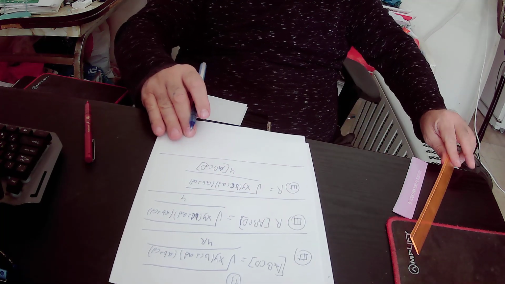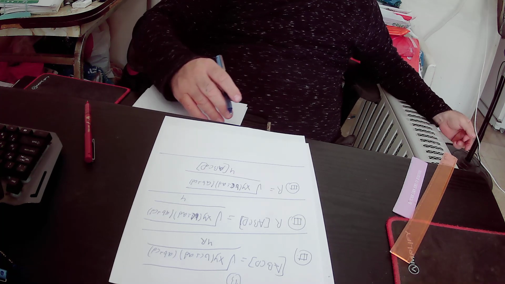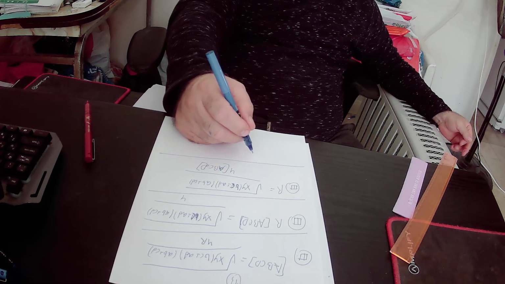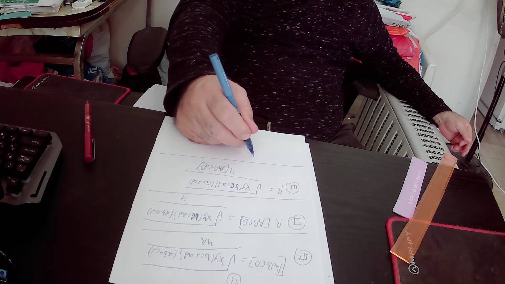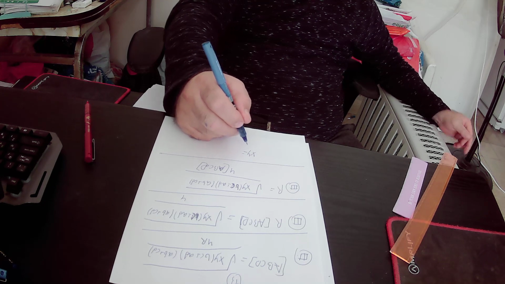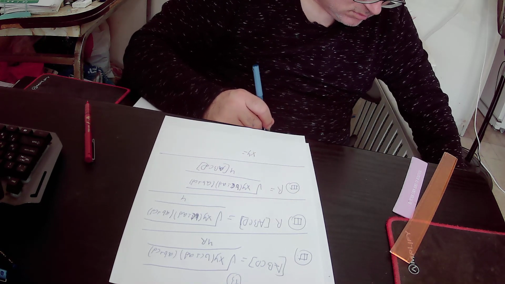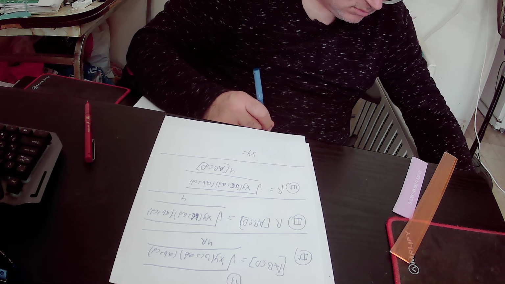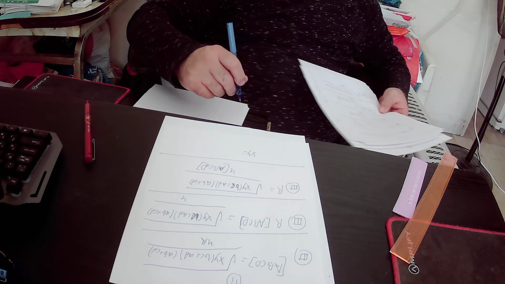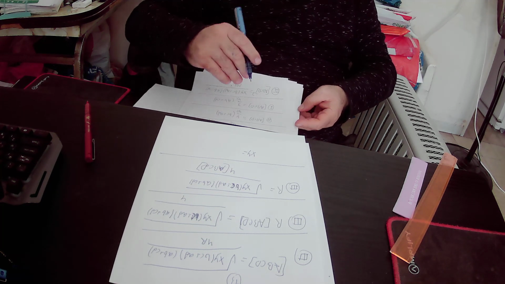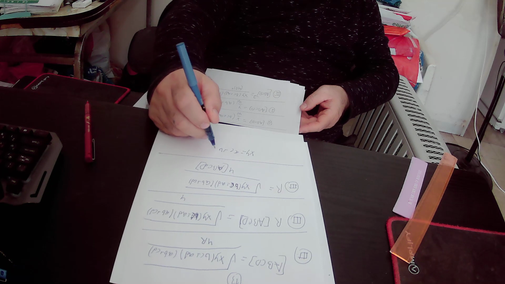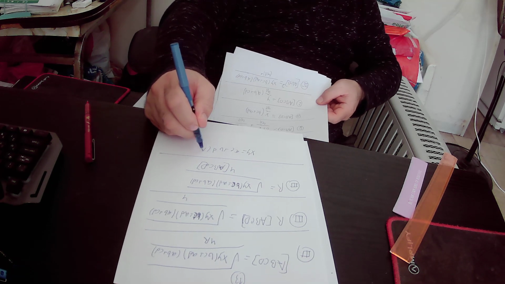Actually, what is the value of xy? According to rule number 2, xy equals AC plus BD.